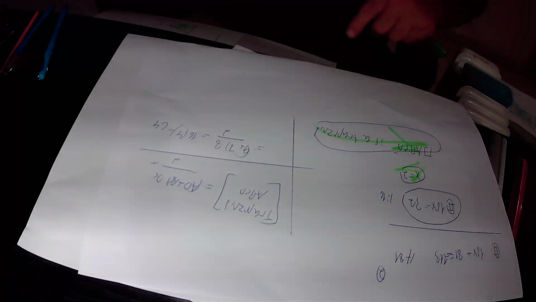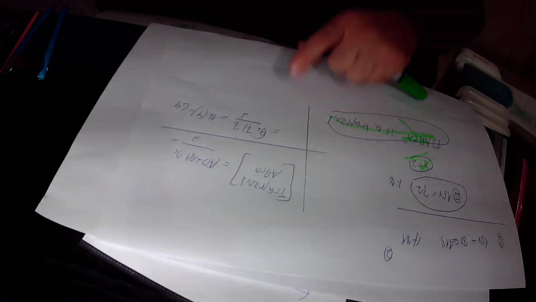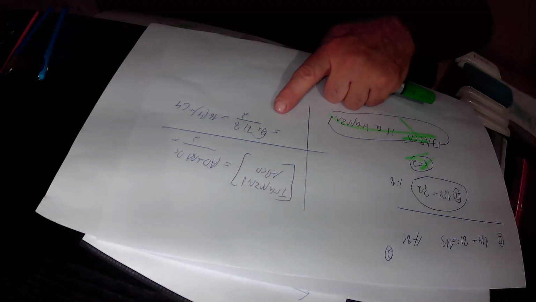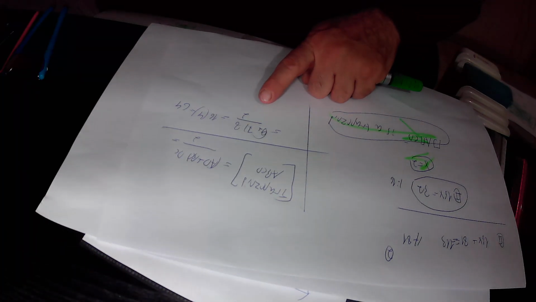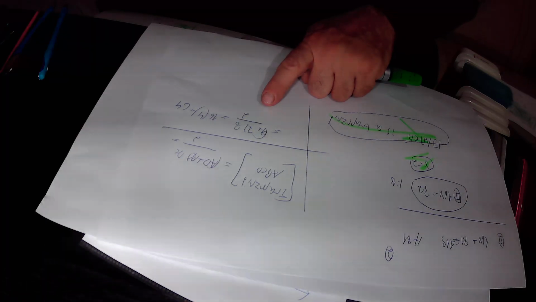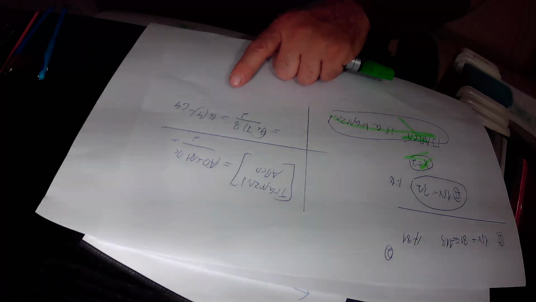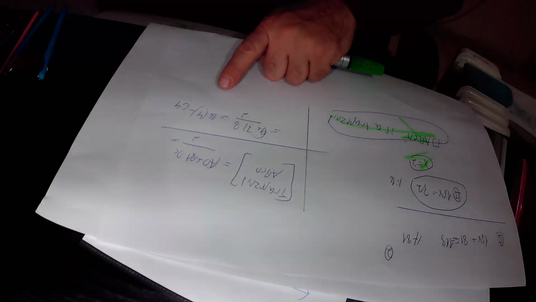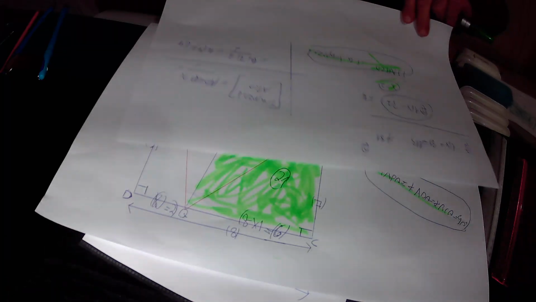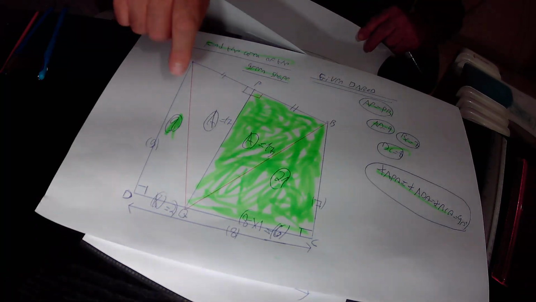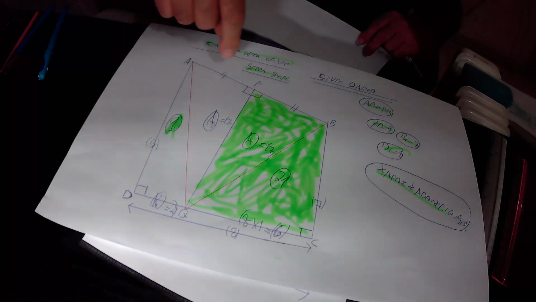So the area of trapezoid ABCD equals 9 plus 7 times 8 over 2. 9 plus 7 is 16 and 8 over 2 is 4. So in total, we found that the area of trapezoid ABCD equals 16 times 4, that is 64. So the area of trapezoid ABCD according to the first method of calculation equals 64 square units.